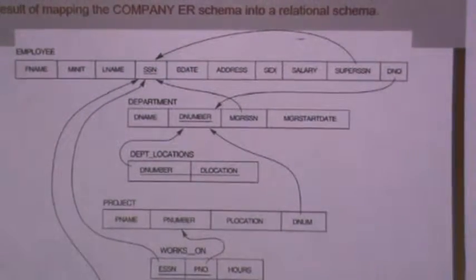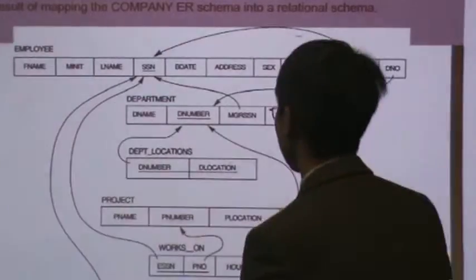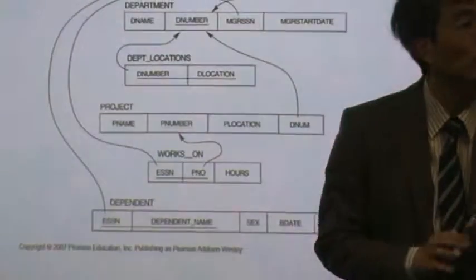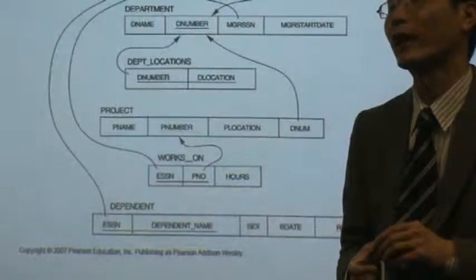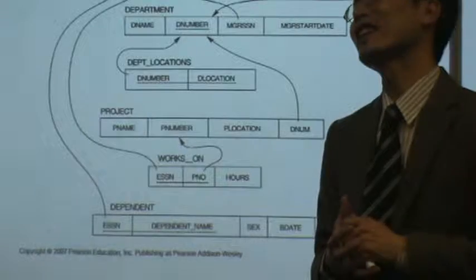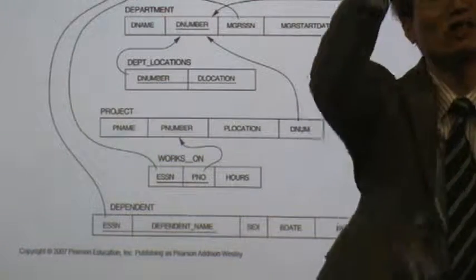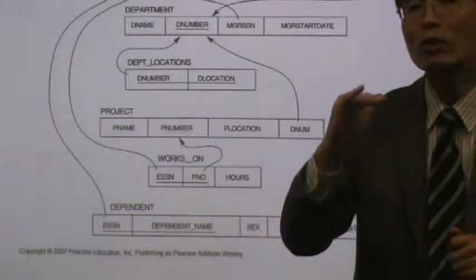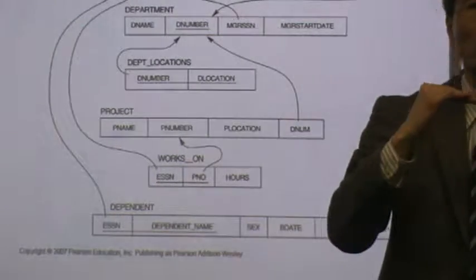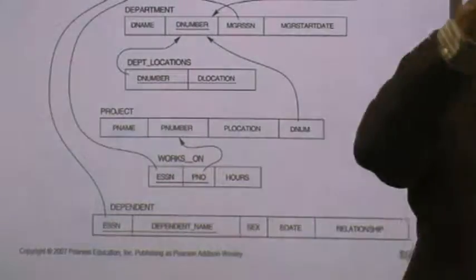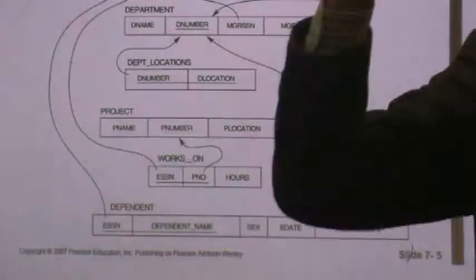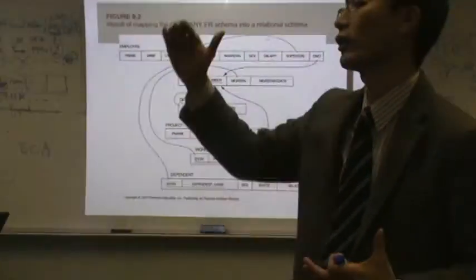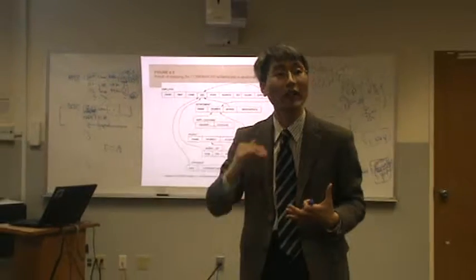There might be a question: how can I name things? This is ESSN, this is D number, this is DNO. There is no general rule in databases for naming. However, as I said, naming like C1, C2, C3, T1, T2, T3, as long as it makes sense, it is okay, but you should be careful. In most projects, if you join a big project, your project manager usually has a very detailed naming book.